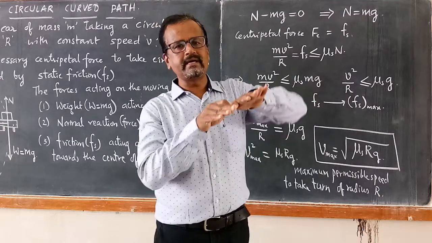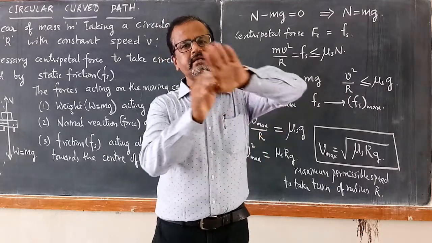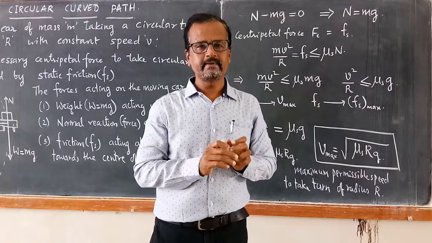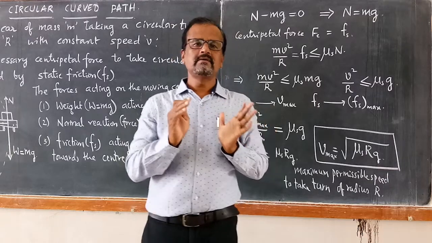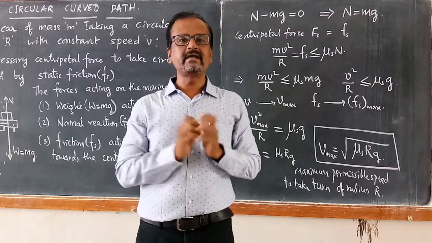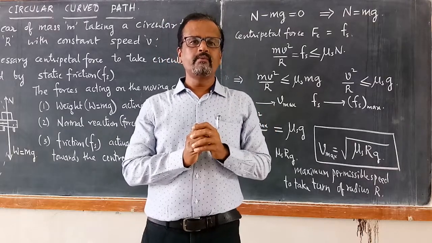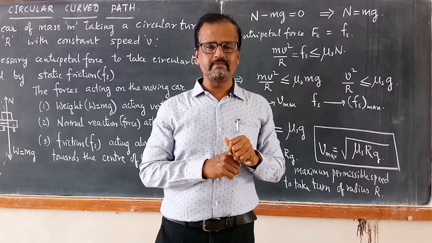So this provides the vehicle to take turn with little higher speed. The vehicle can take turn with little higher speed, and this process is called as banking of road. So what is the necessity of banking of road?